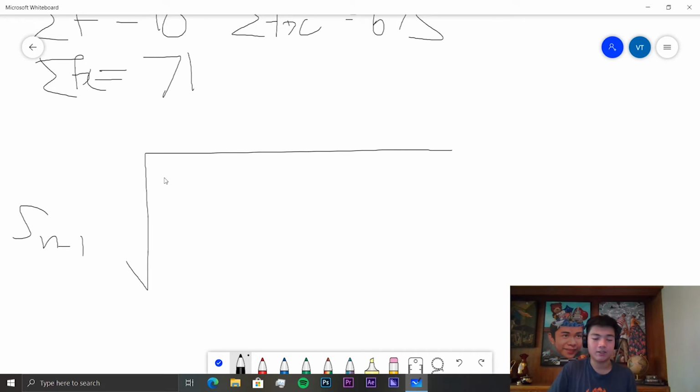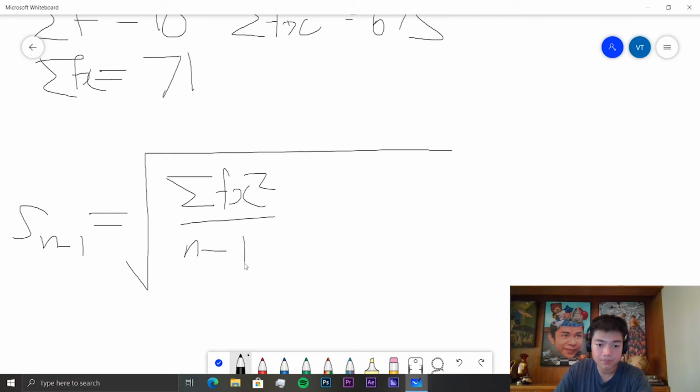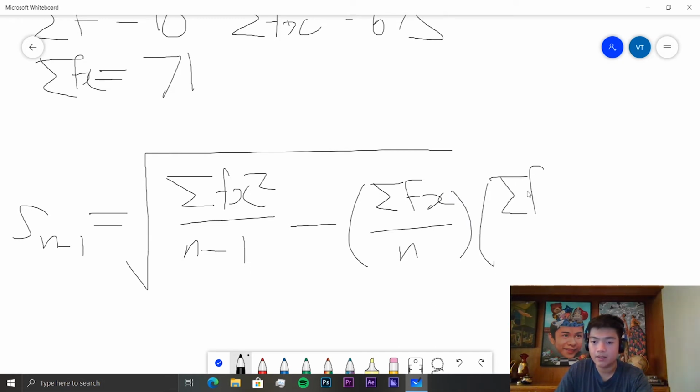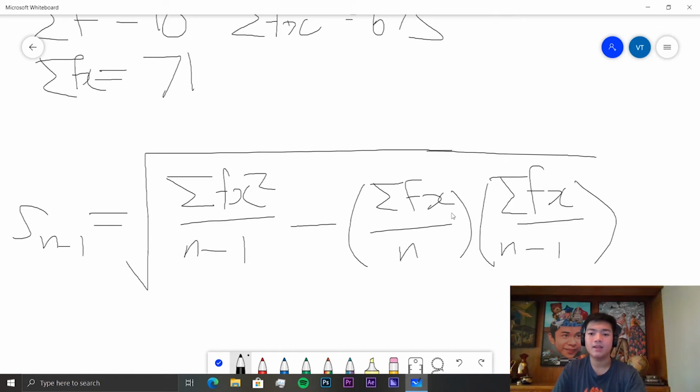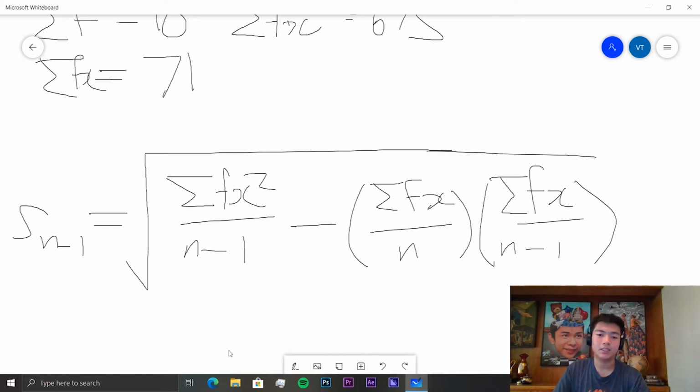If you expand this, using the sample where it's over n minus 1, we get the sum of x squared over n minus 1 minus the mean times the sum of the terms over n minus 1. So this should be correct.